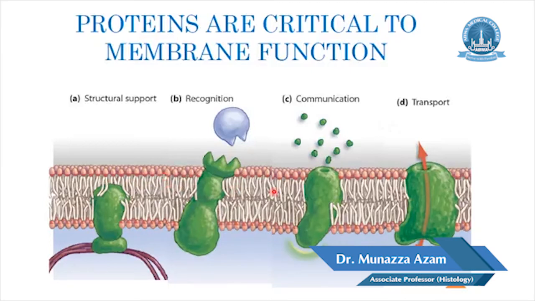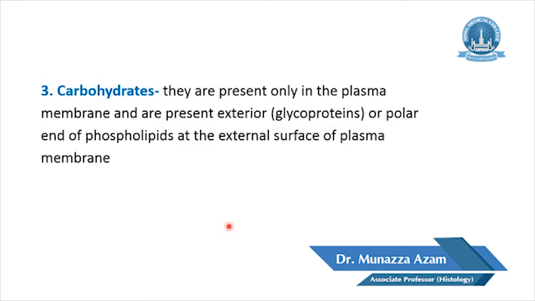They also function to transport different materials inside and outside of the cell, and they act as channels, allowing passage of ions from the outside into the cell and from inside out of the cell. The third important component is the carbohydrates. They are present only in the plasma membrane, attached to the exterior polar end of the phospholipids at the external surface of the plasma membrane, in the form of glycoproteins.